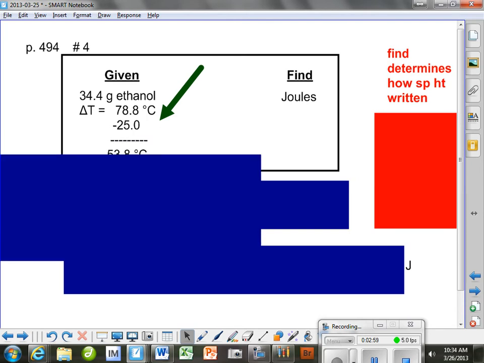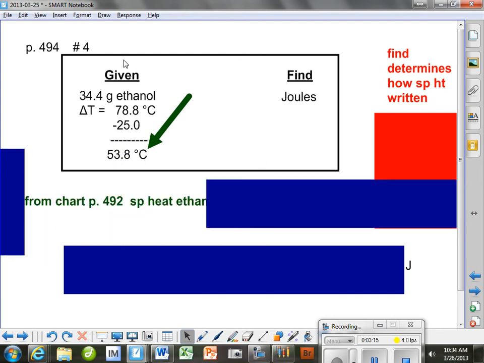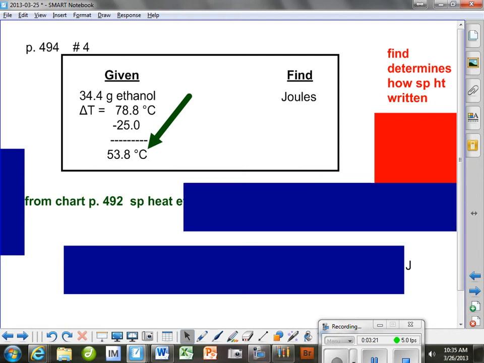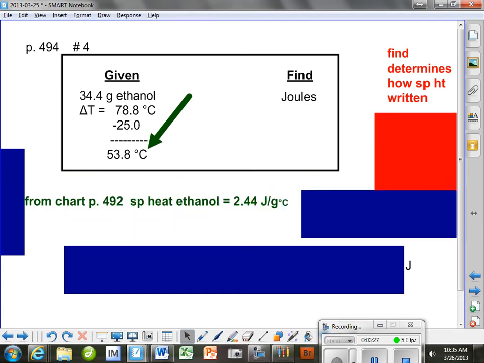So when we subtract the beginning temperature from the ending temperature, that, right down here, is our delta T. And delta T is what we have in the specific heat. And we're going to use the chart to get the specific heat of ethanol. It's on page 492. And the specific heat of ethanol is what we're going to use in our calculation.